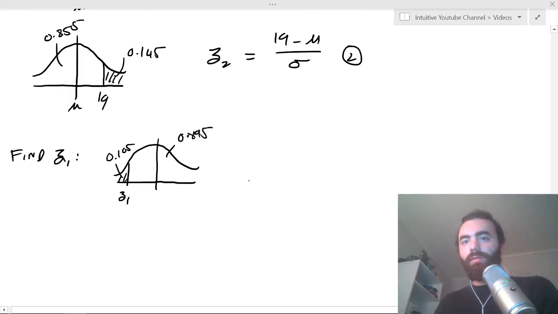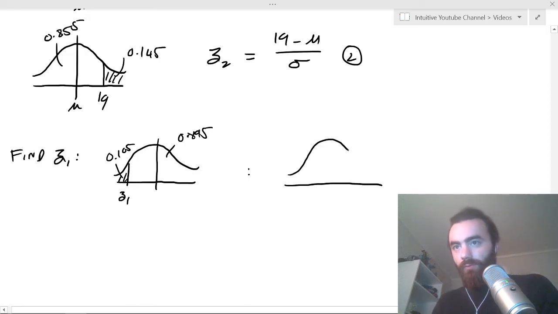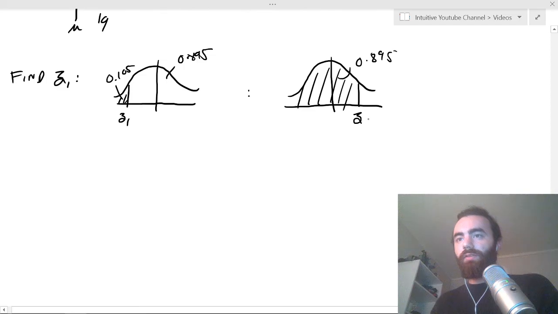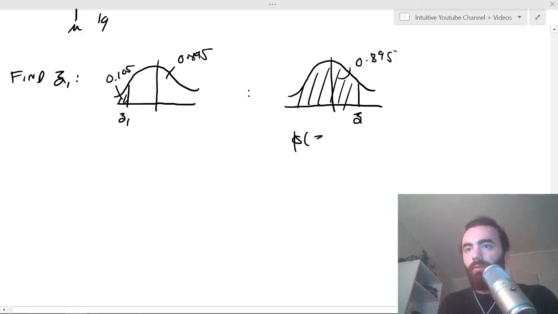So let's find this first. What z-value corresponds to this area? Well, let's look that up on the table.